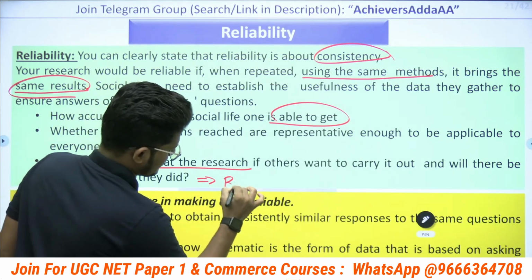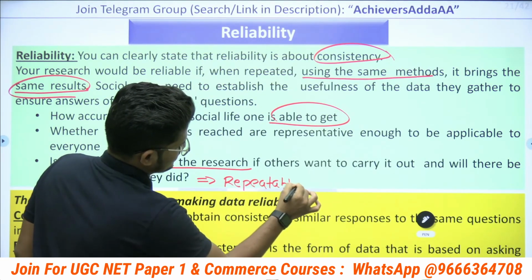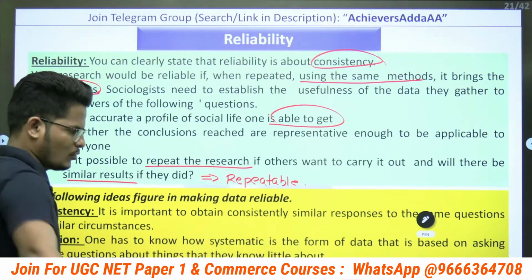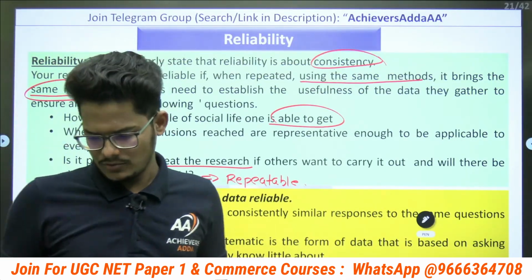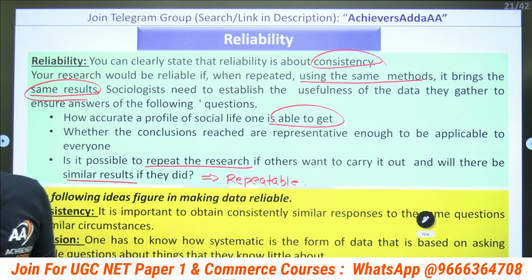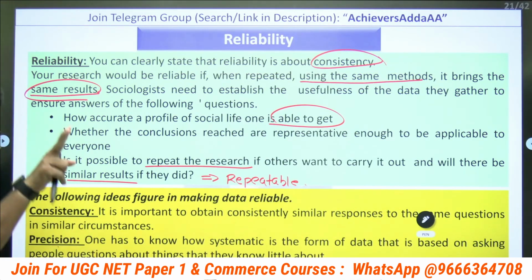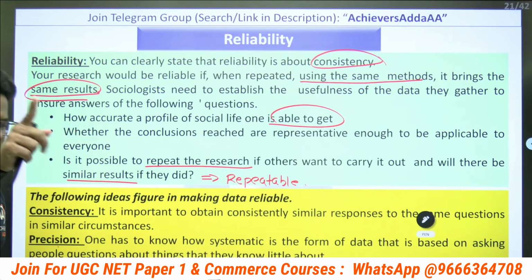Means repeatable results. But rather than all these things, only 2 points matter. Consistency and precision are the two ideas which figure in reliability.